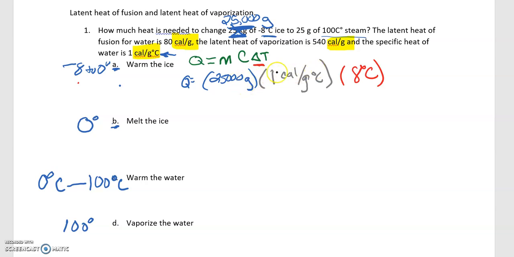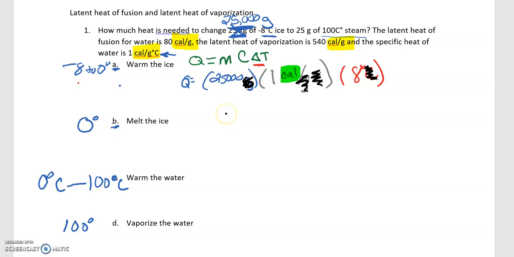Now, if you notice, when I multiply this out, I have a grams label in the numerator and a grams label in the denominator, so those will cancel out. I have a Celsius degree in the numerator and a Celsius degree label in the denominator. They will cancel out, and the only unit that we're left with is calorie. So when we are doing this particular computation, our heat is going to be measured in calories for this one. So you always want to make sure that you pay attention to your labels.